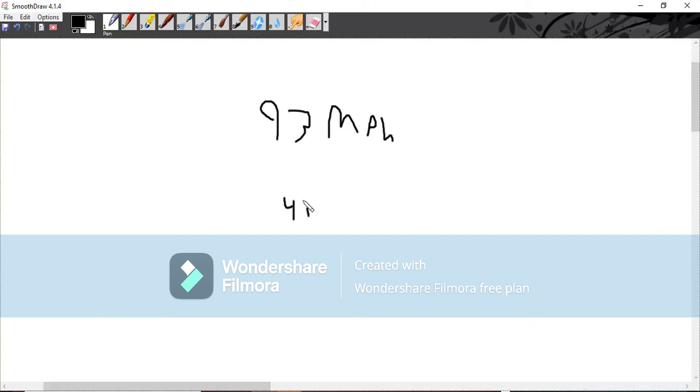But for simplicity's sake, we're going to say about 42 meters per second. Now my math is using the exact, but for simplicity's sake, I'm going to be writing 42 meters per second. And the reason why I'm doing this is because it has to be this for science to do the math. So this does not work, so just ignore that.